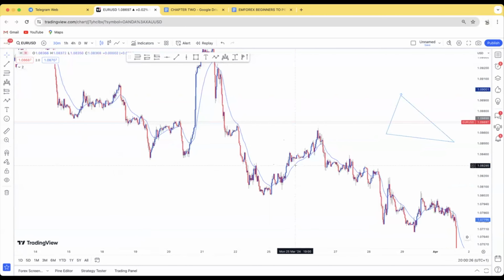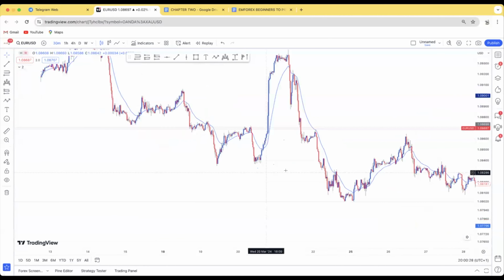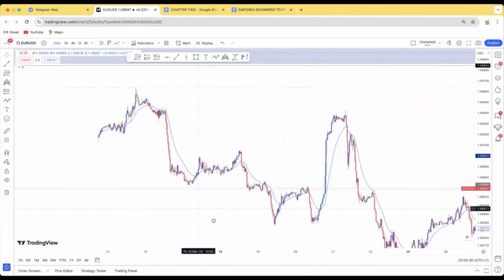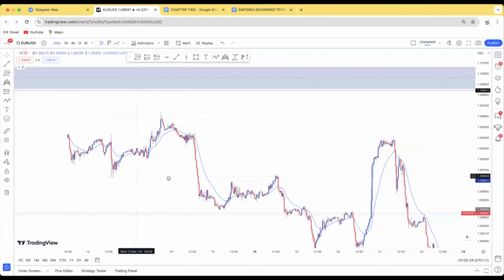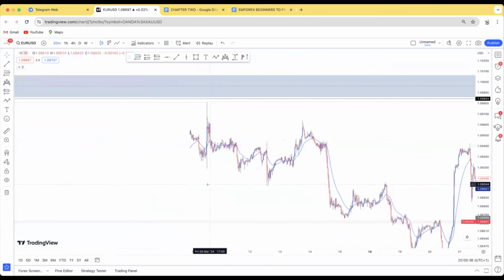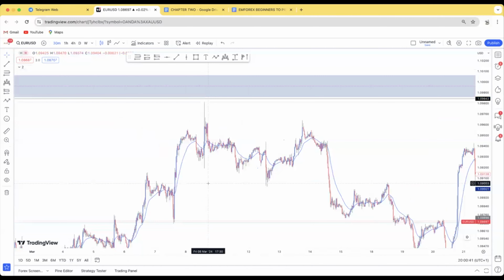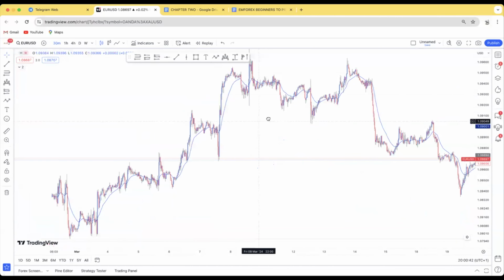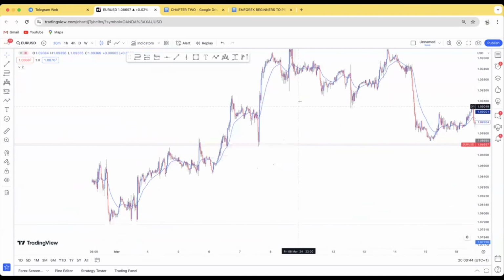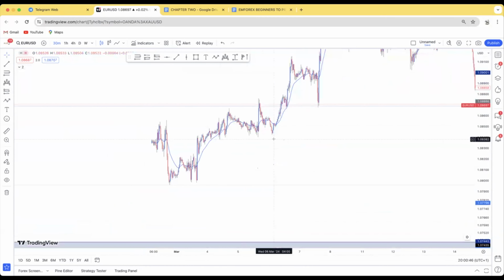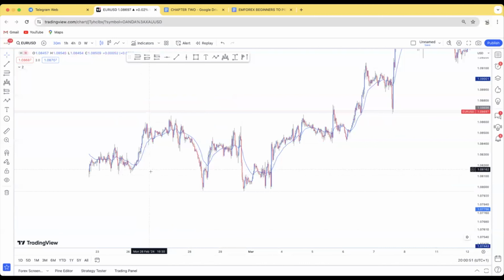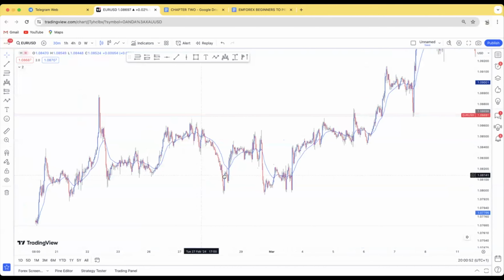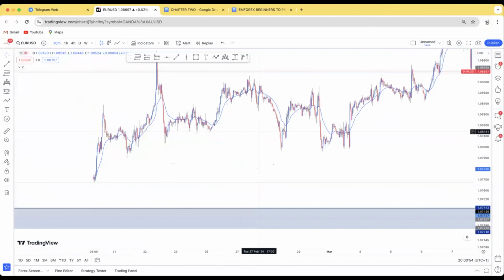Let's watch out closely on price, and then let's see if we have any triangular-based pattern. This might take a little while to identify.